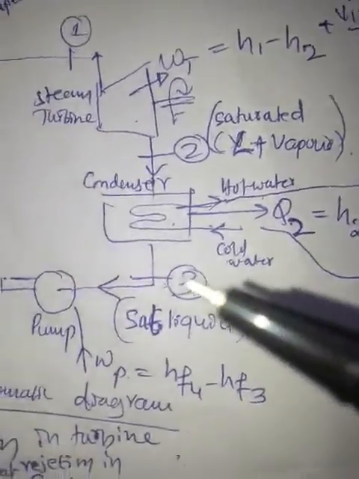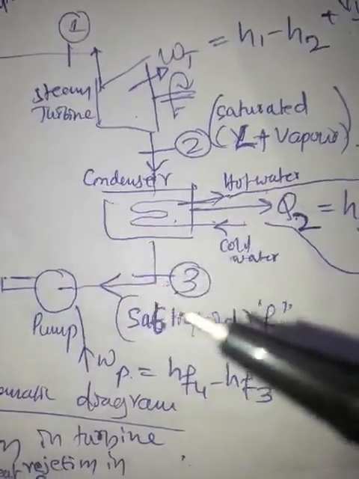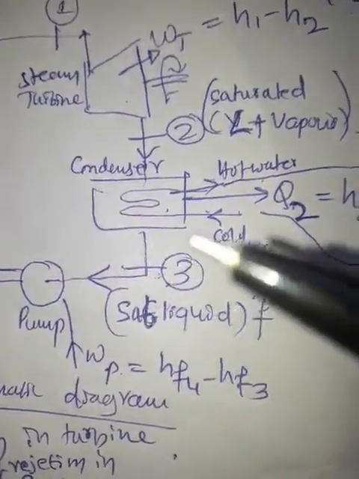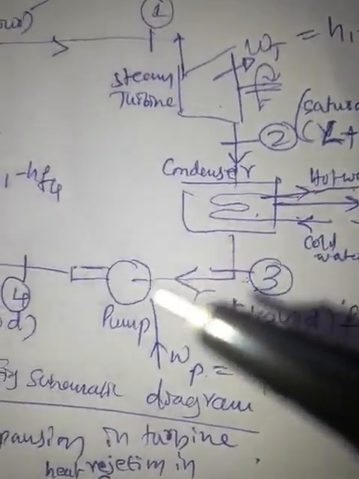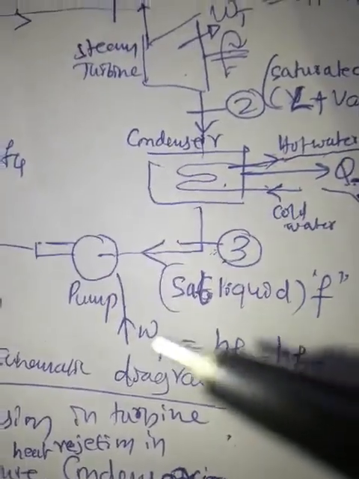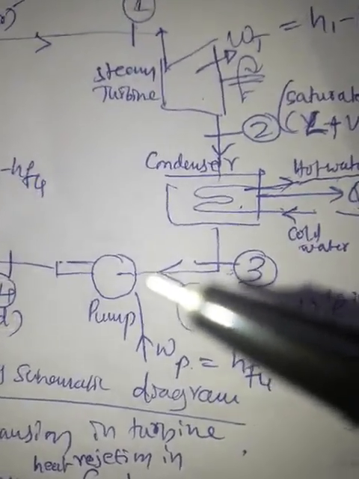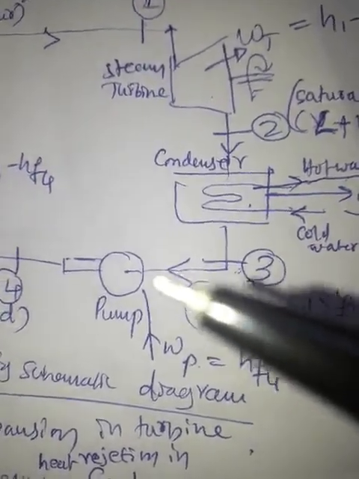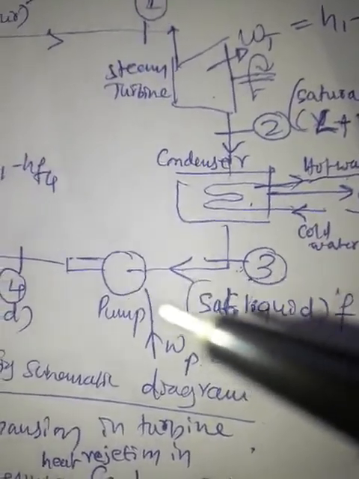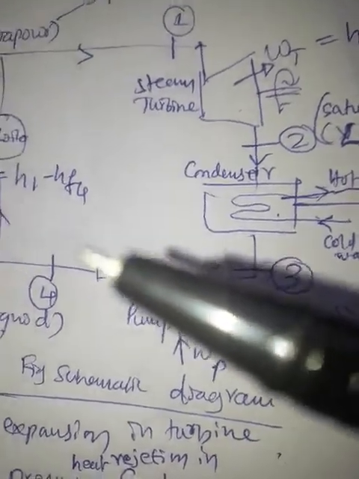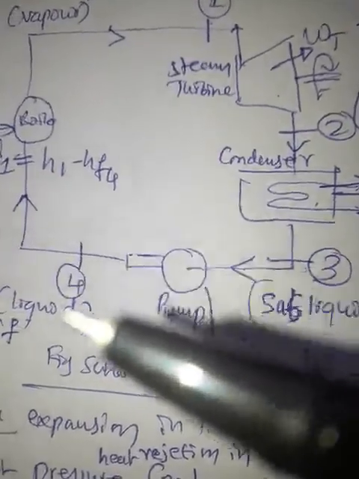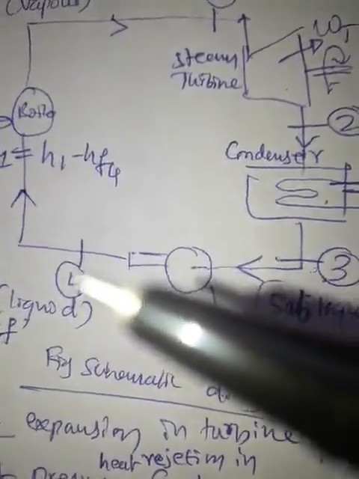Then again, the saturated liquid condensate with enthalpy HF3 enters the pump. Here we are adding power or mechanical energy to the condensate with the help of the pump. Because of that there is a rise in enthalpy. The final enthalpy is HF4 because it is still in liquid condition.